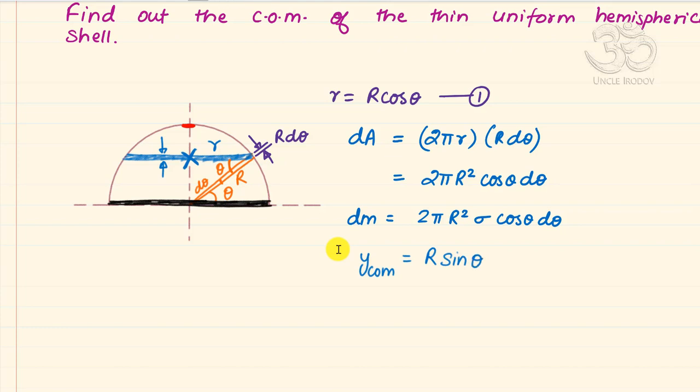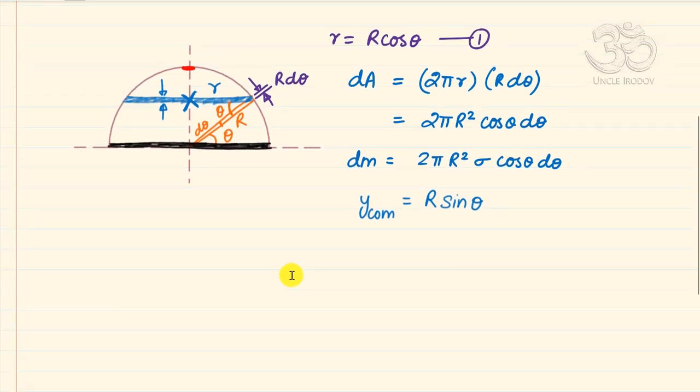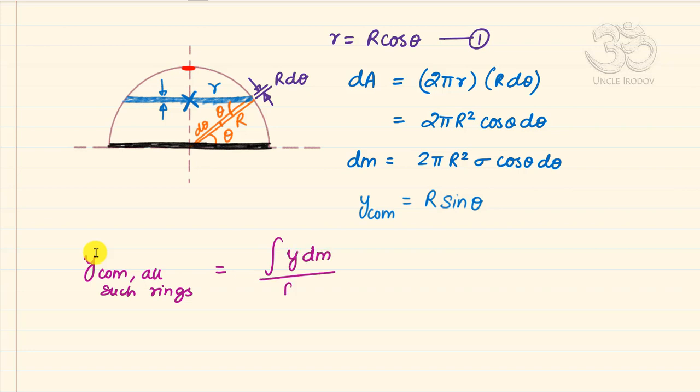And then what can I do? Now I think it's only the boring integration work. So now I can say that the y center of mass of all such rings can be obtained by using this formula, integral y dm divided by integral dm, where I will have to use proper limits.